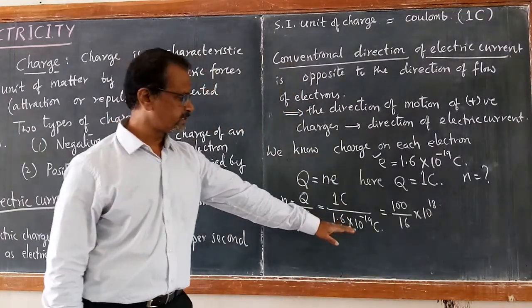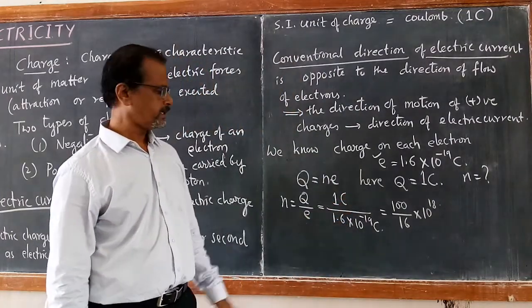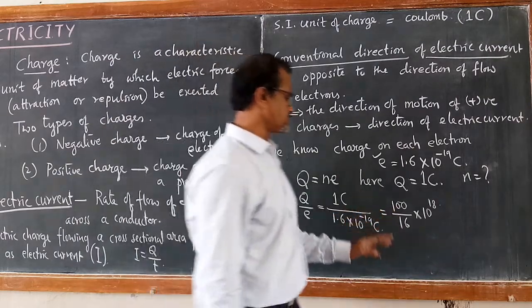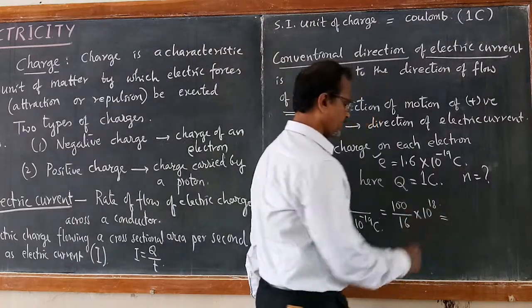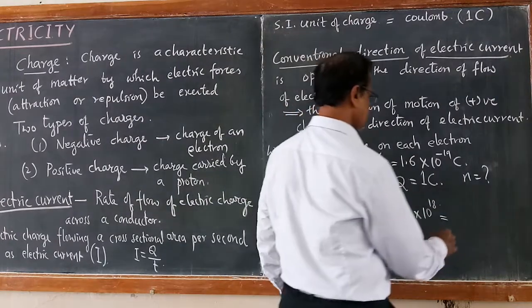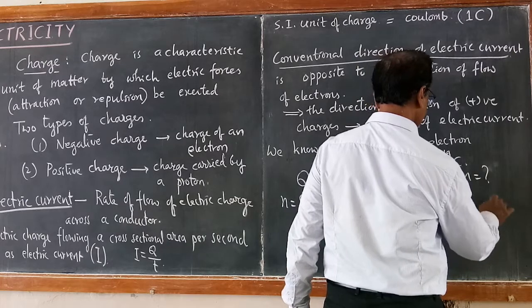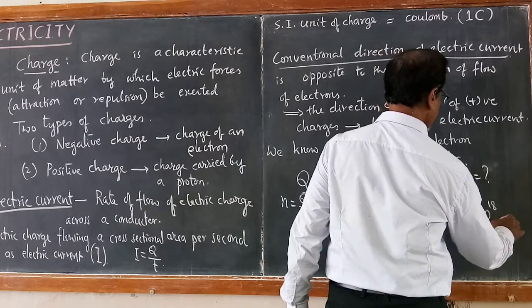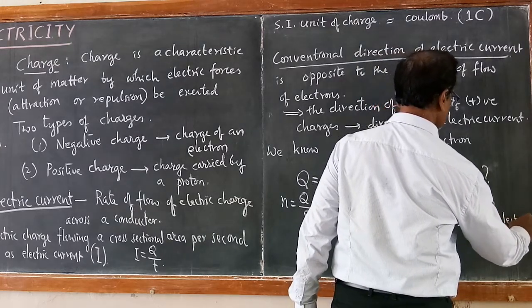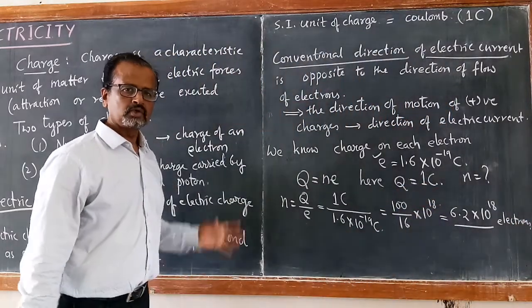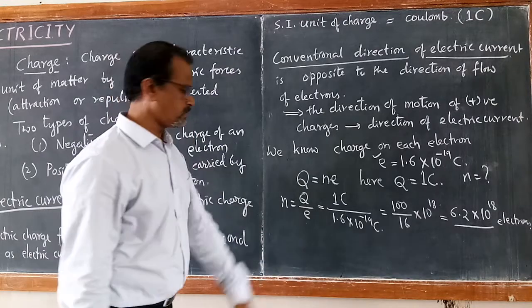That gives 6.2 into 10 raised to 18 electrons. So this many electrons together constitute 1 coulomb of charge.